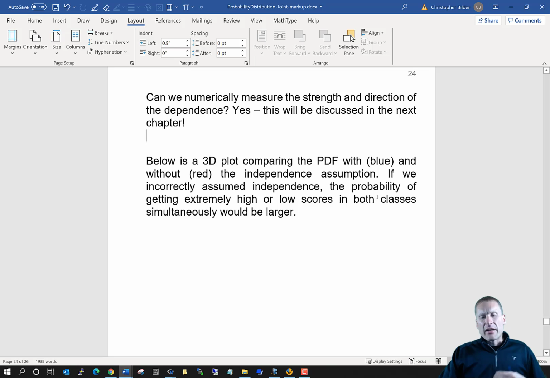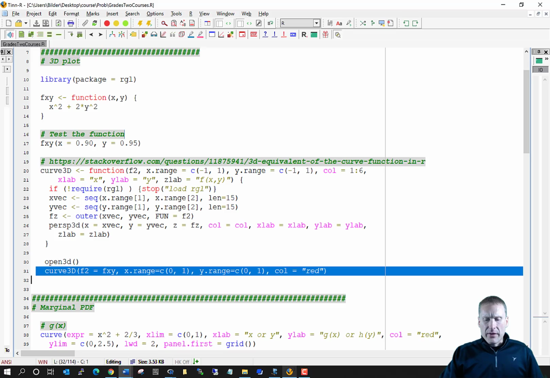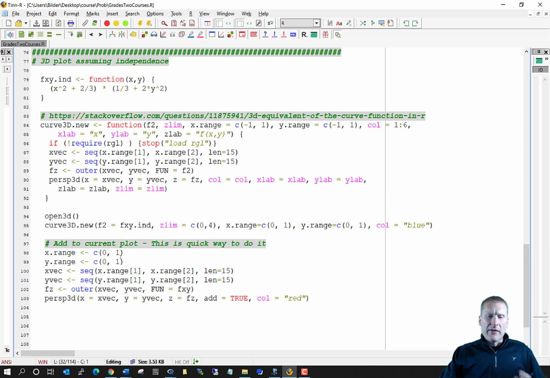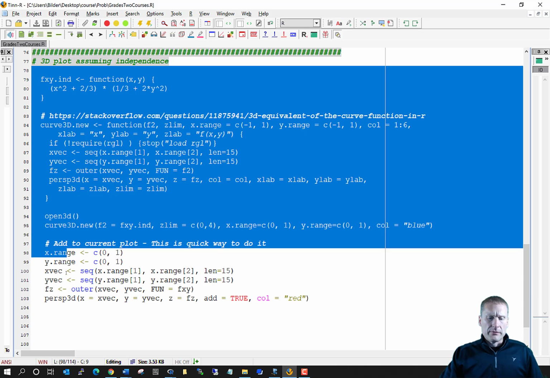Let's also take a look in 3 dimensions at what this kind of dependence actually means. And don't worry about having to reproduce this plot on your own.